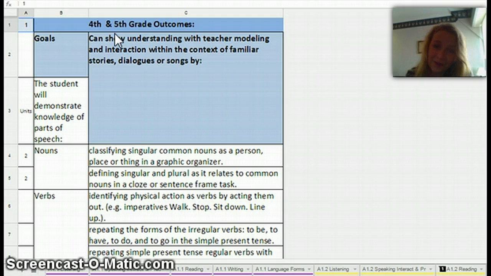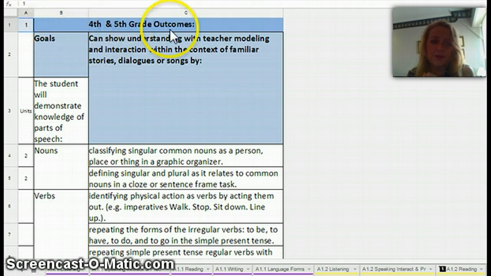They're presented with all of the language, and what they do is they get from it what they're ready to understand and then produce. So it's the same thing with the language forms. However, there are certain language forms that they are more ready to integrate, and those are the ones that we will emphasize in certain grade clusters.